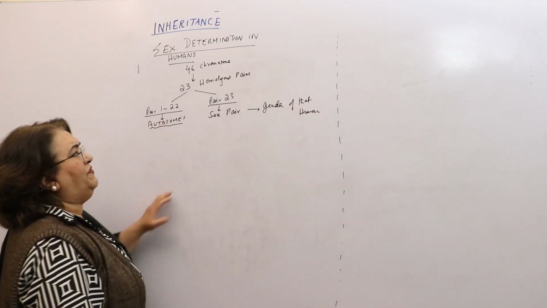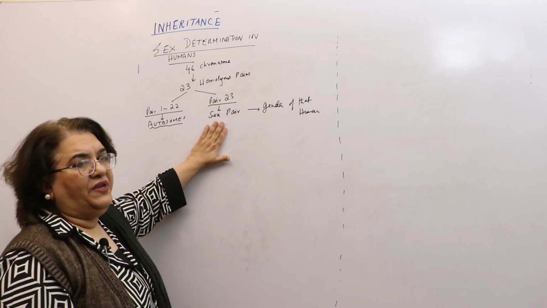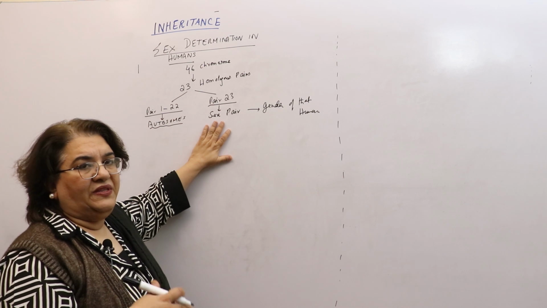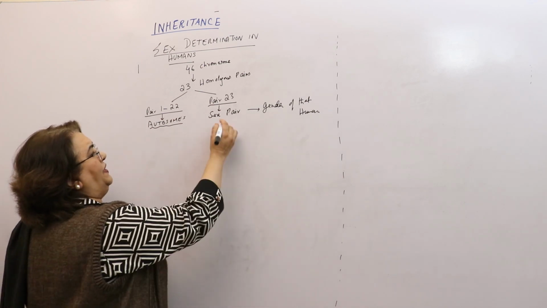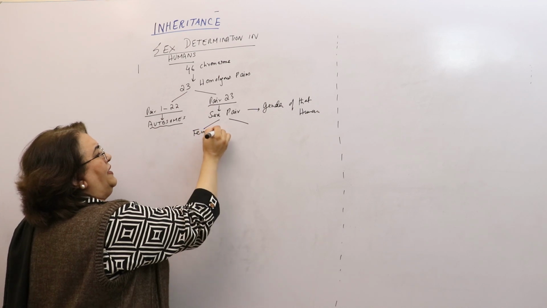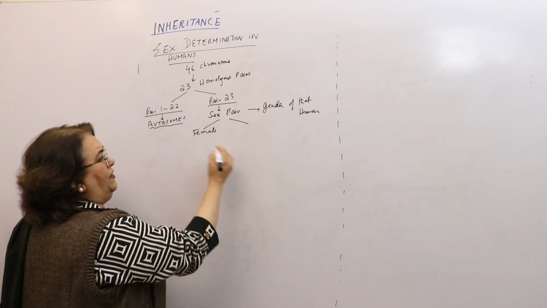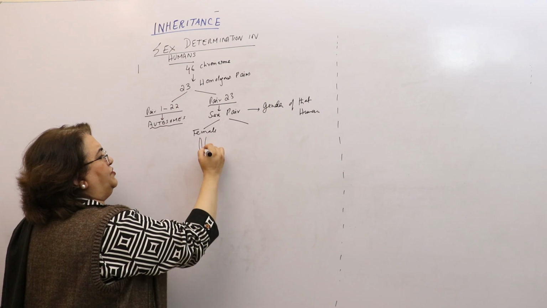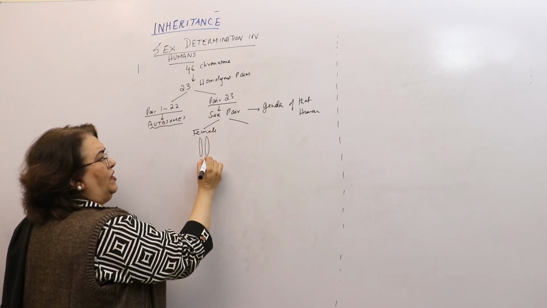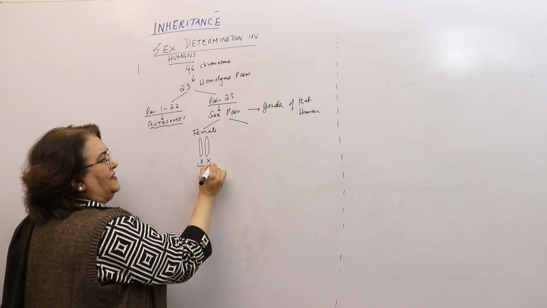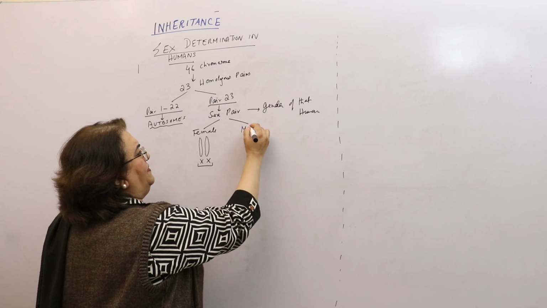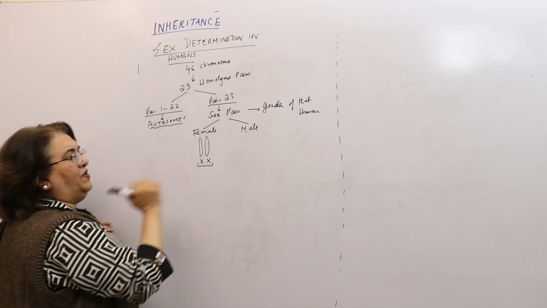Now what do we find here? In this combination, there will be a difference between a male and a female. In the female, the 23rd pair has two long chromosomes, which are termed X chromosomes. So the combination becomes X and X, and that means it's a female. Whereas in the male, this combination would not be there.